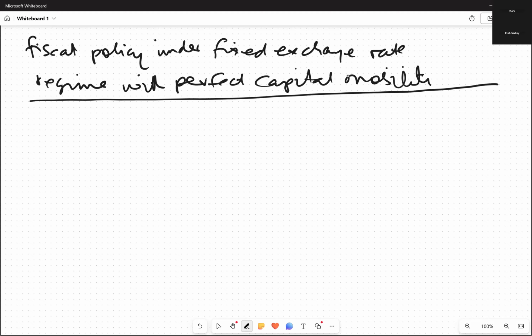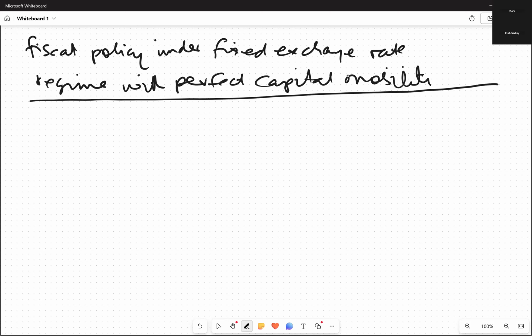As it sells foreign exchange to the general public, the general public will buy these foreign exchange with the local currency, the cedis. And in so doing, money supply in the system will reduce because the money has been used to purchase the foreign exchange. So as the general public buy the foreign exchange with the local currency, it reduces money supply in the system.